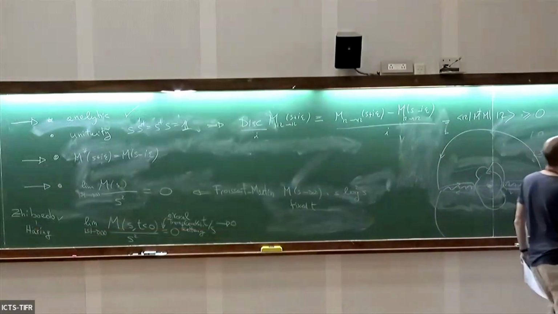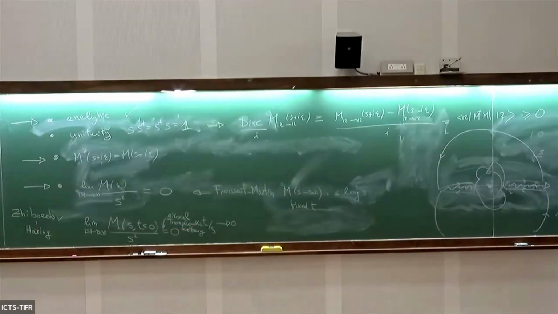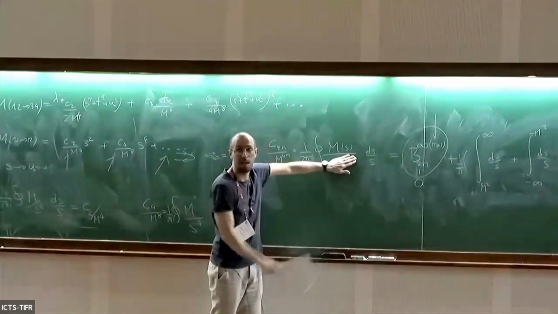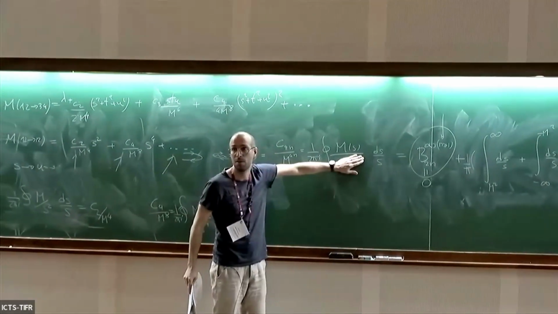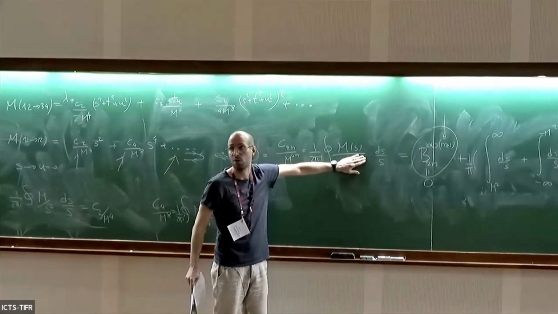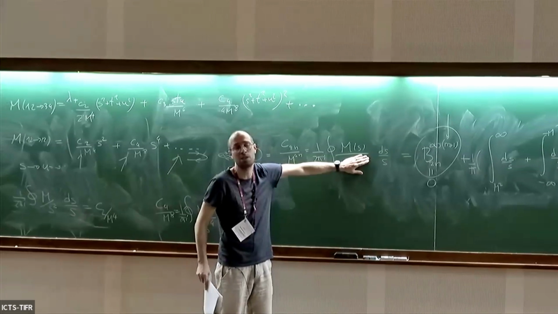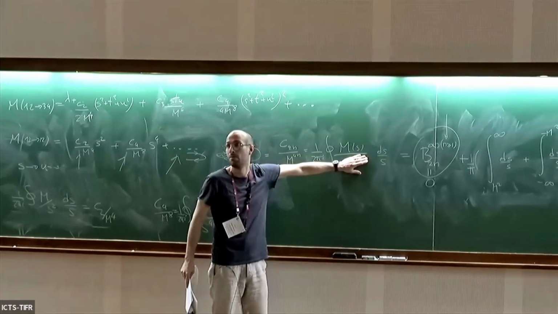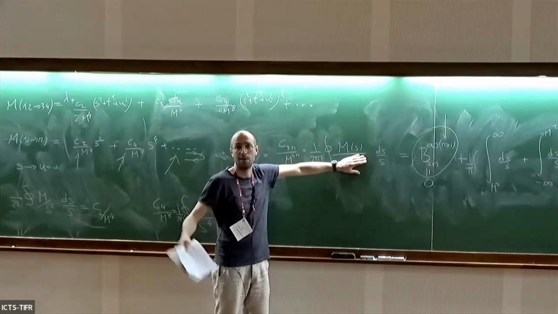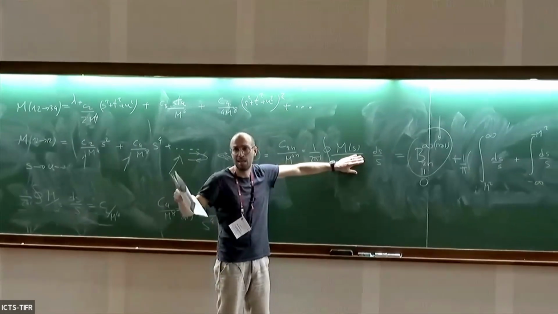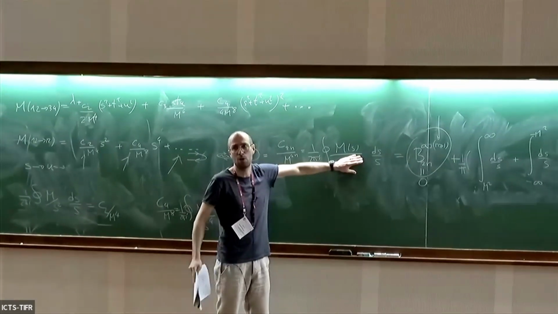Suppose I wanted to discuss a theory which also had the constant term. I would not be able to bound it, right? Because then I would need n equals 0 here, and this one wouldn't decay fast enough at infinity. Very important: you're able to bound something which is sufficiently irrelevant. The marginal and the leading irrelevant, typically you are not able to bound.